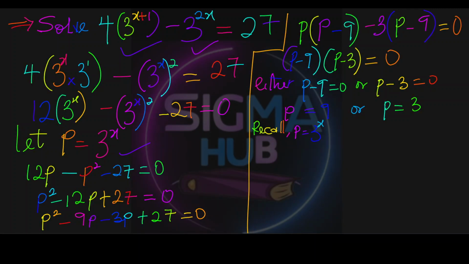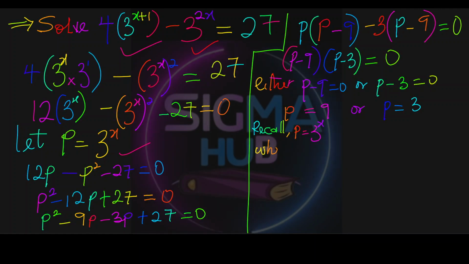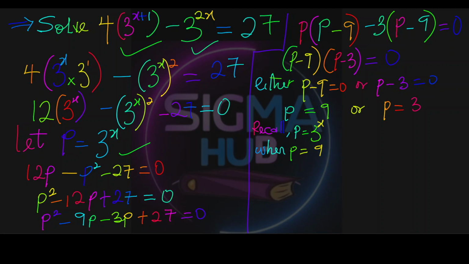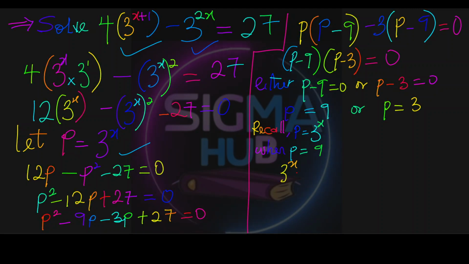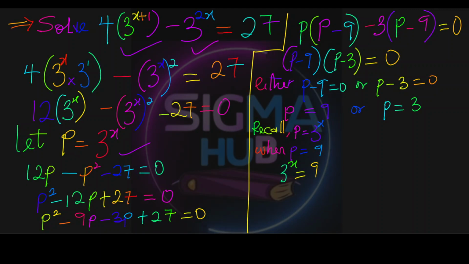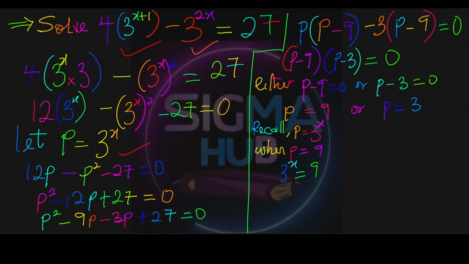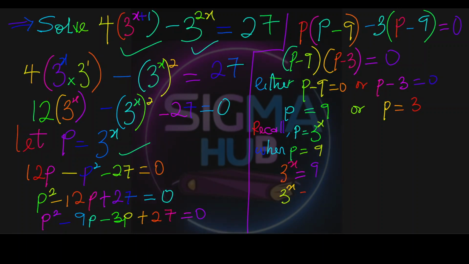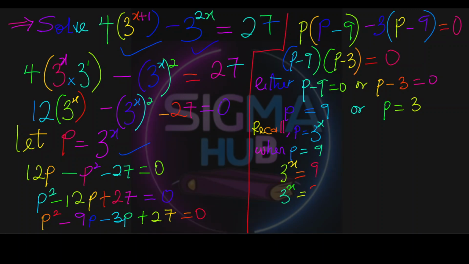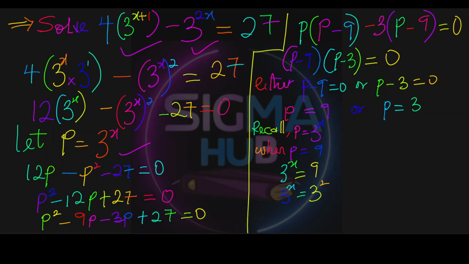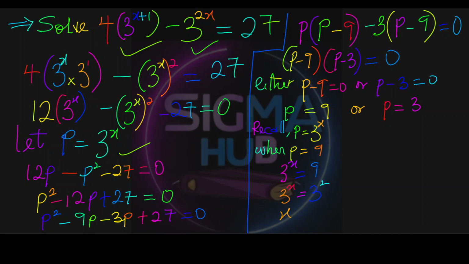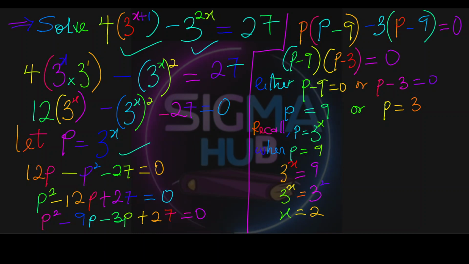So when p equal to 9, it means 3 raised to the power of x equal to 9, because p is also 3 raised to the power of x. So then we have 3 raised to the power of x equal to, I have to make 9 to have 3 raised to the power of 2, because 9 is the same thing as 3 raised to the power of 2. Then x equal to 2 here.